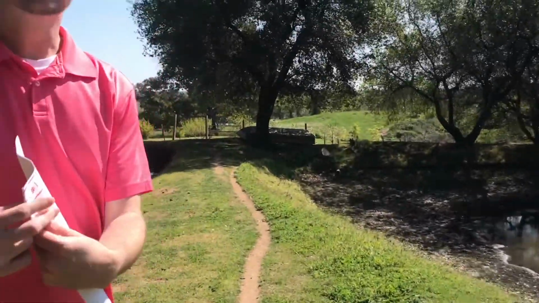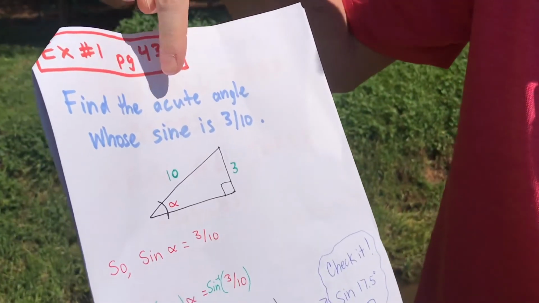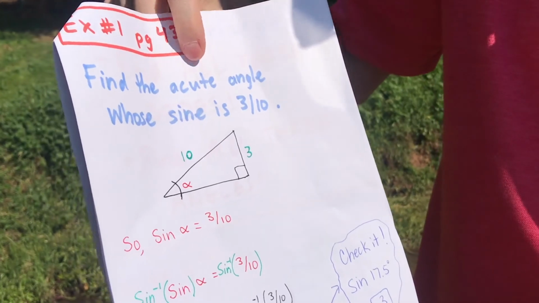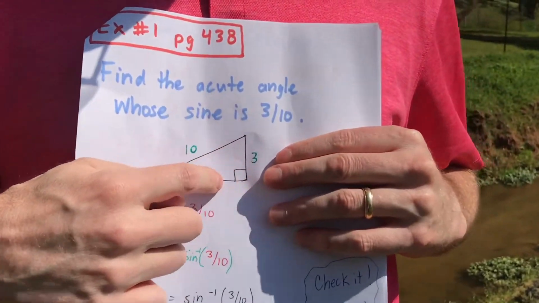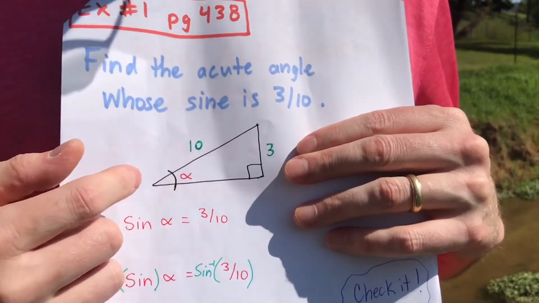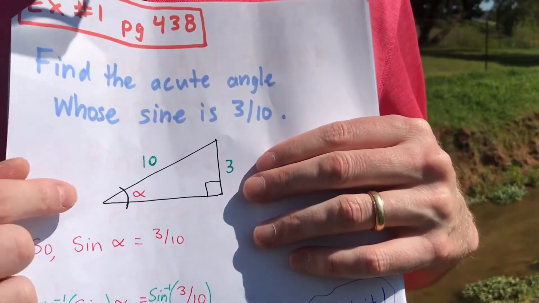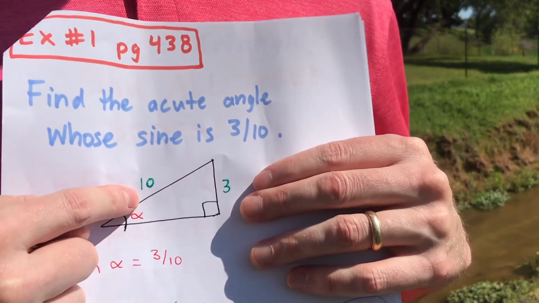So let's start here in example number 1. Example number 1 on page 438 says find the acute, that means the small one, less than 90 angle, whose sine is 3/10. So remember, we're going backwards. If I know the fraction, the opposite over hypotenuse, could I go back and find the angle? So I drew a little triangle. That's called alpha. It just means like theta or x. It's the angle, I don't know what it is, but I know that the sine of that angle is 3/10, opposite over hypotenuse.